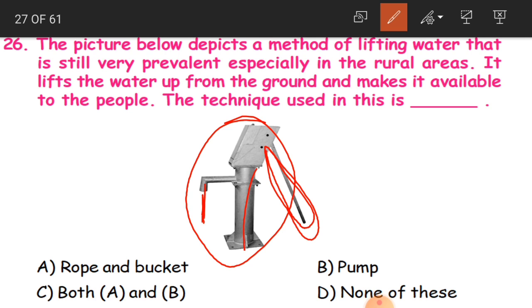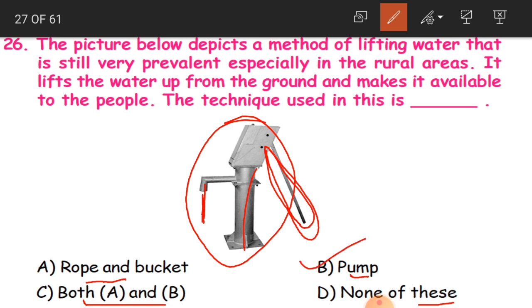Okay, how is the water coming up from the ground and being made available to the people? And the technique which is used in this is: A, rope and bucket; B, pump; C, both A and B; D, none of these. So how can we take the water, children, to the pump?